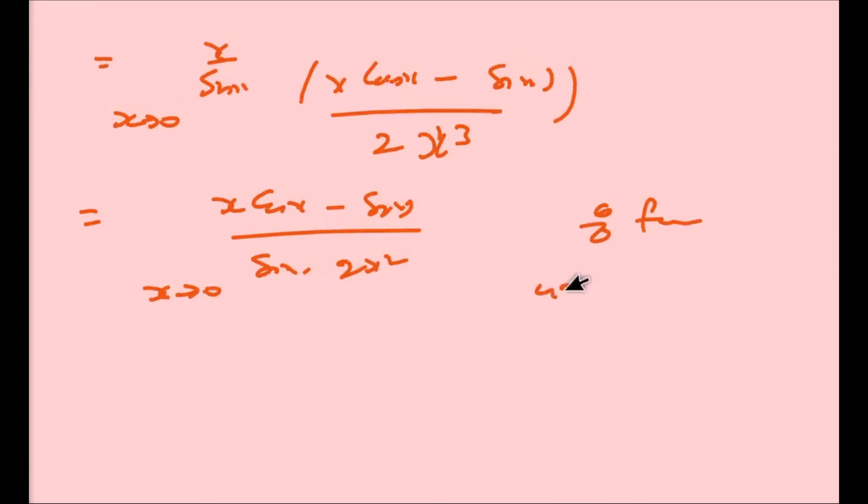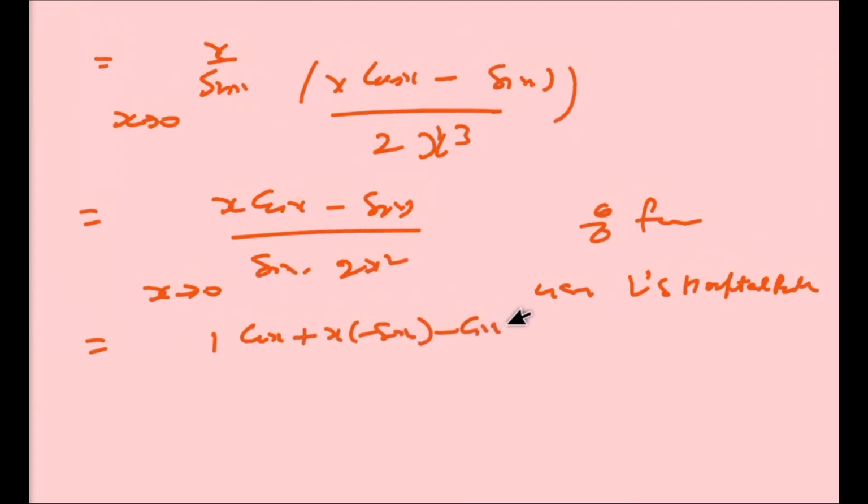Now using L'Hospital's rule, we get here the differentiation: cos x plus x into minus sin x, minus cos x, upon cos x into 2x square plus sin x into 4x, x tends towards 0.